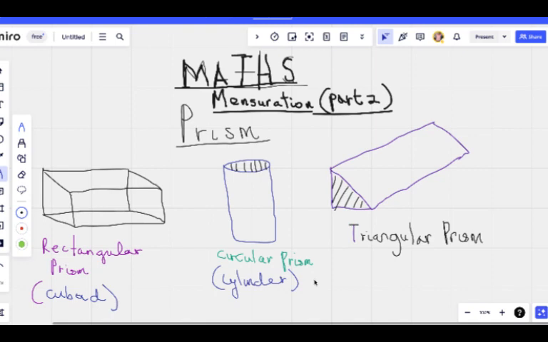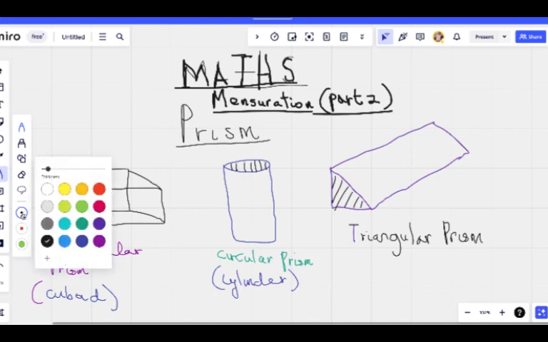Today we'll be looking at part 2. Here our topic is prism. We have different types of prism, about 4 or 5, but we're going to start with the first one called the rectangular prism. It's called a rectangular prism because the base is a rectangle.